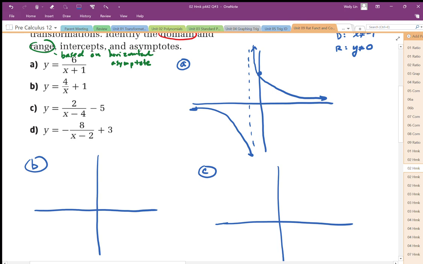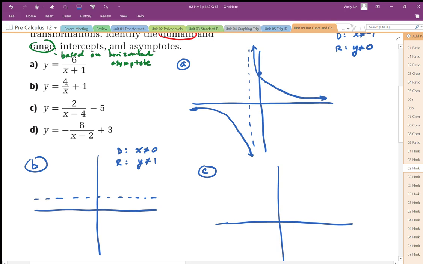We can also think of this as a plus 1 shift of the original horizontal asymptote at 0. And that gives us a horizontal asymptote at that point. So the domain is x is not equal to 0. The range is y is not equal to 1.